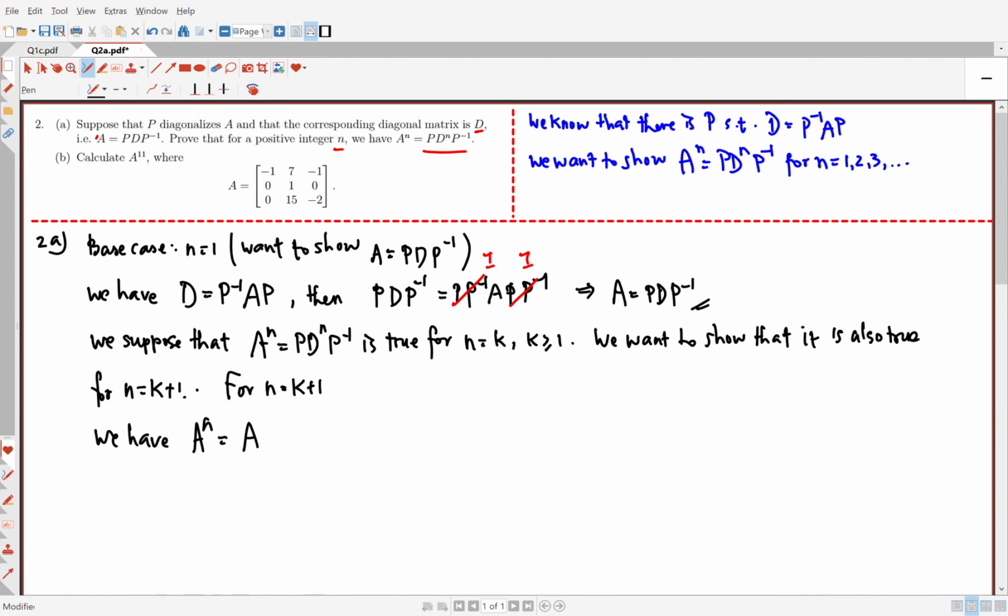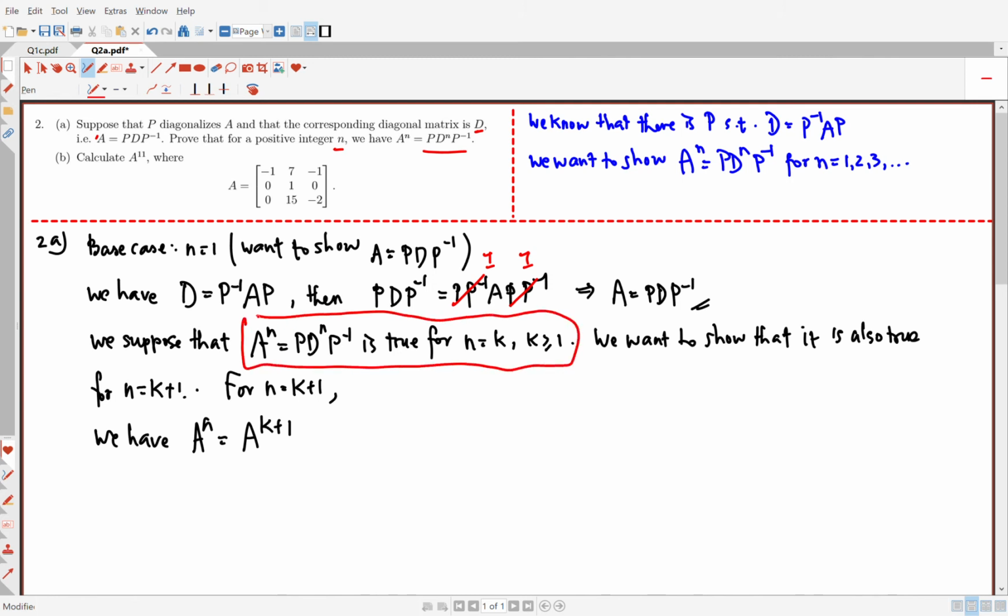So for n equal to k plus 1, A to the power of n will be A to the power of k plus 1, right? For induction, we need to use this.